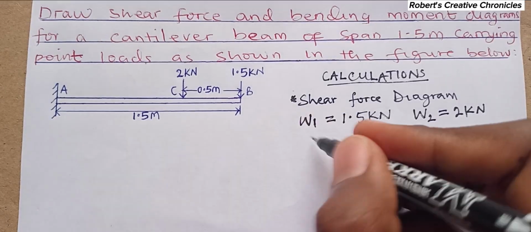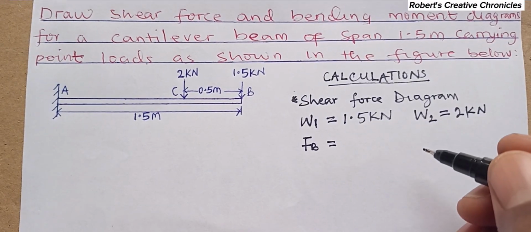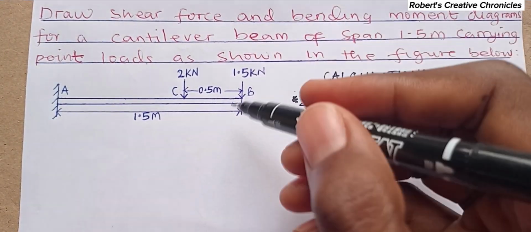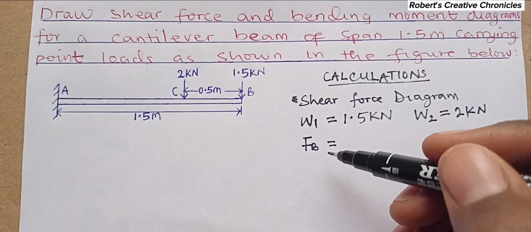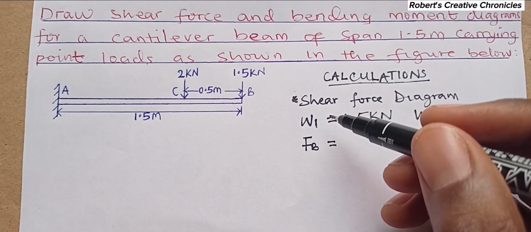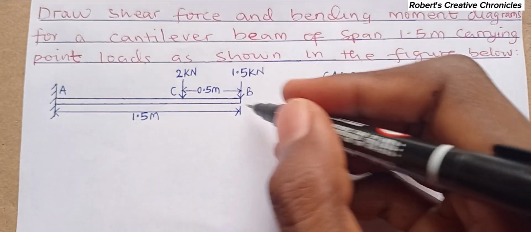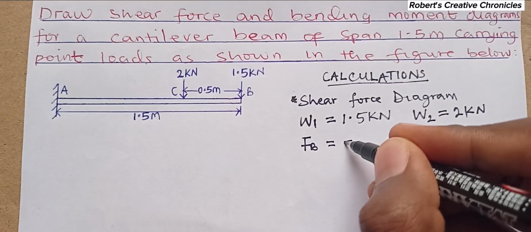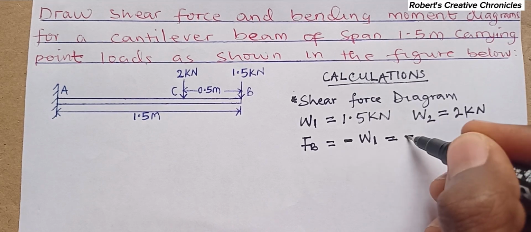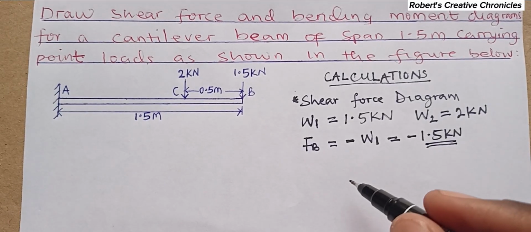So to calculate the shear force at point B, any force that is acting downward, we are taking it as negative force, and any that is acting upward is positive. So since this point load is acting downward on the beam, we will say it's negative W1, which is negative 1.5 kilonewton. So this is the shear force at this point.